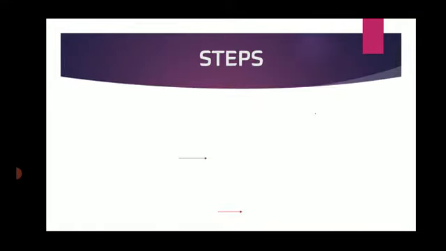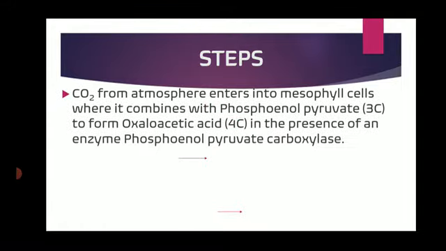So let's look at this biochemical pathway in a little more detail, step by step. Carbon dioxide from the atmosphere enters the mesophyll cells, as we have seen, and combines with phosphoenol pyruvate, which is a C3 compound, and forms a 4 carbon compound called oxaloacetic acid in the presence of the enzyme phosphoenol pyruvate carboxylase.